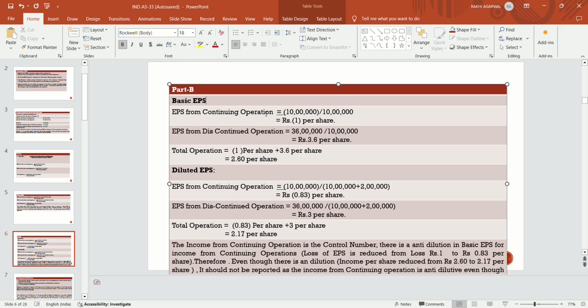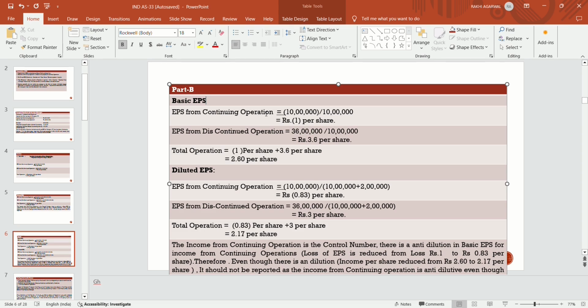In part B, income from discontinuing operation is 36 lakhs, and to give the dilution effect, that is 10 lakhs plus 2 lakhs, the incremental number of shares. So it gives a profit of rupees 3 per share.